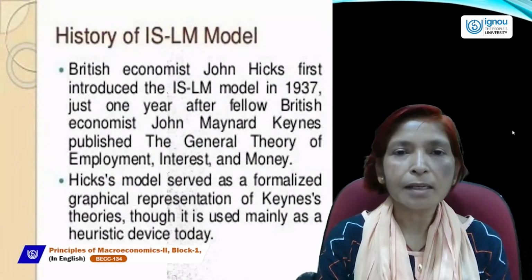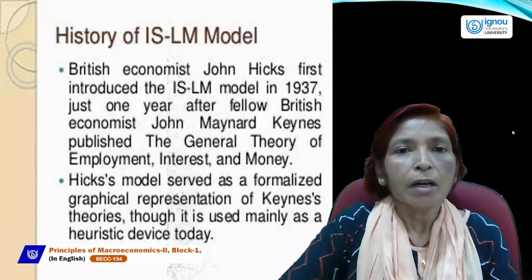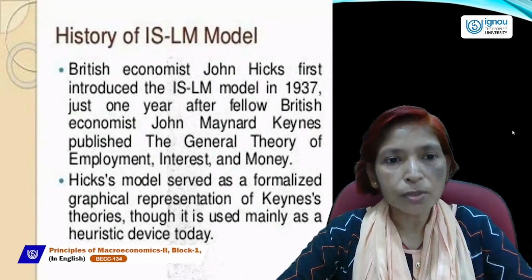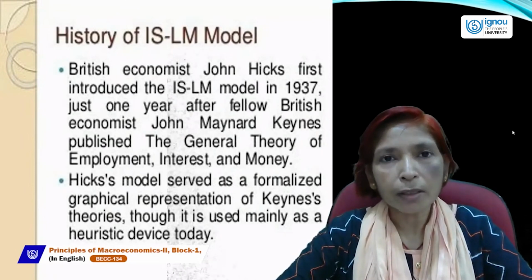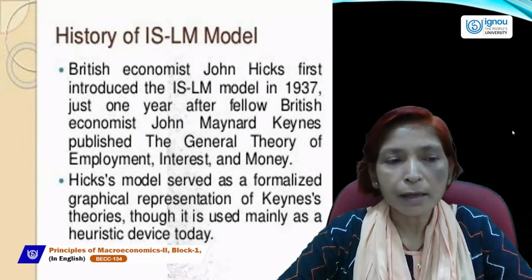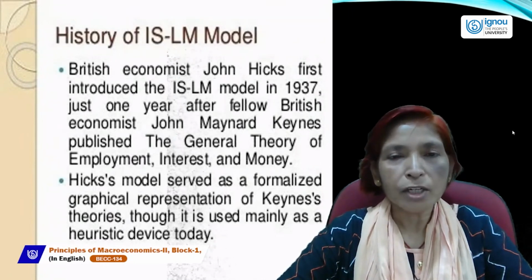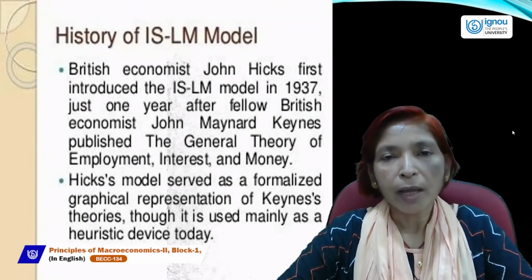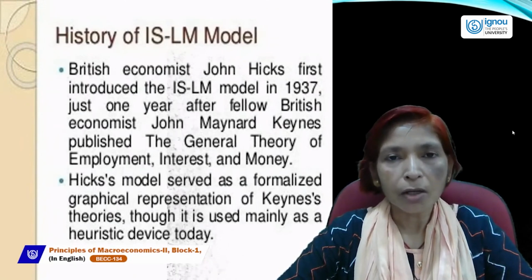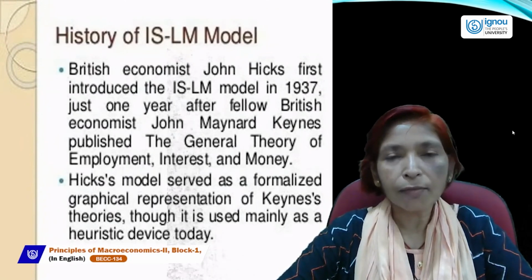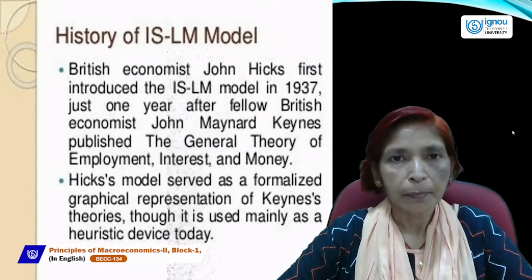History of the IS-LM model. British economist John Hicks first introduced the IS-LM model in 1937. Just one year after, fellow British economist John Maynard Keynes published the General Theory of Employment, Interest and Money.